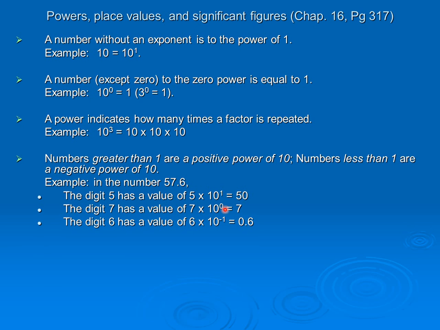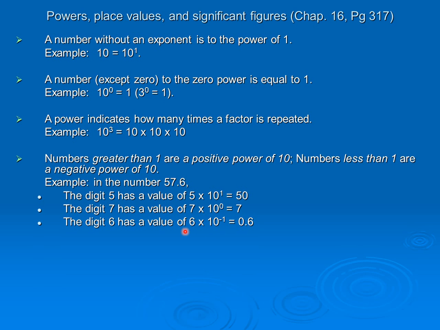Similarly, if you go in the right direction, the power will be decreasing every time by 1. So if you go beyond the decimal point, for example, the first digit is 6, that will be 6 times 10 to the power negative 1. Now how does the negative 1 work? Negative 1 means that instead of multiplying, you are dividing the number by a power of 10.